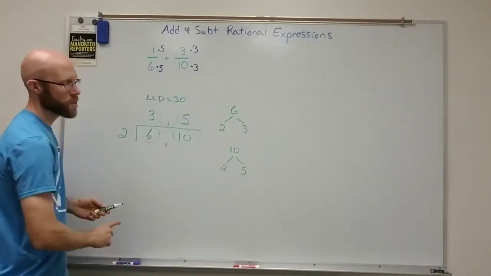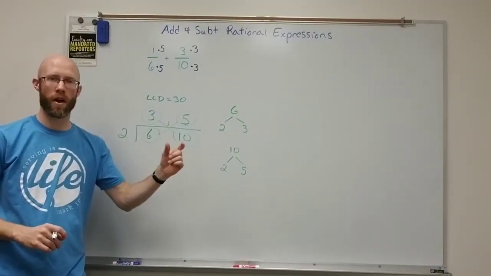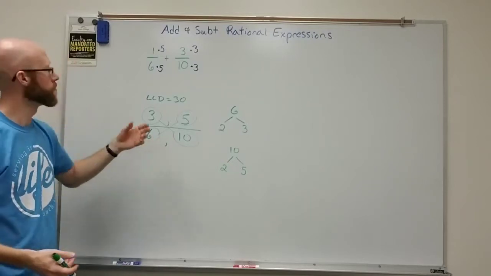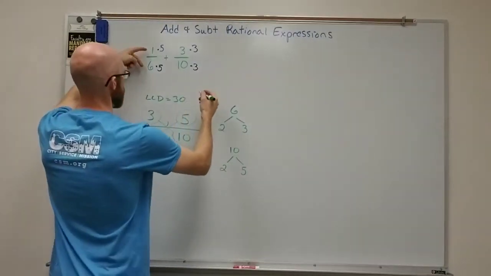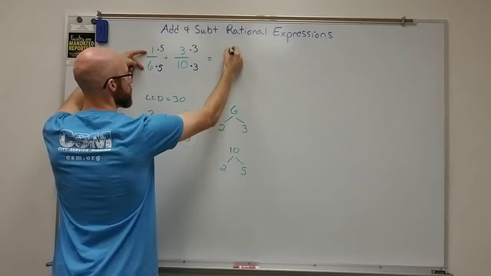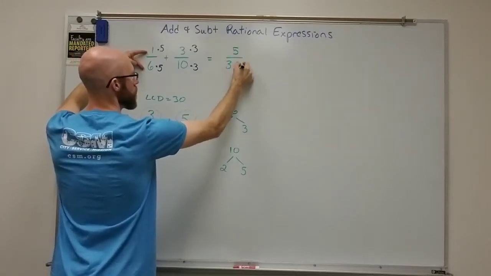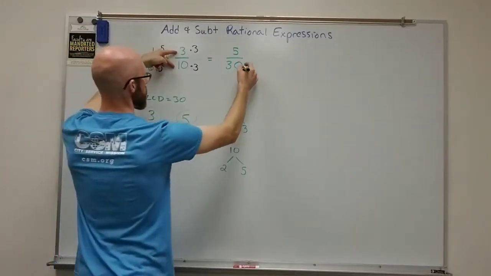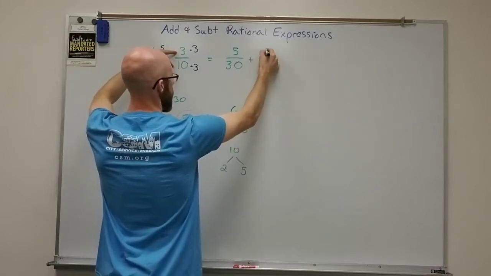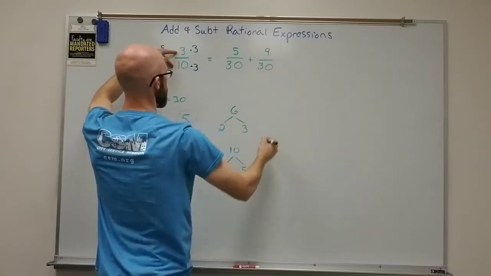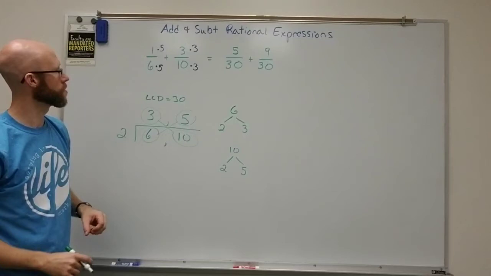When I do that, it doesn't change the value of either fraction, just what it looks like. Okay, so 1 over 6 becomes 5 over 30, and 3 over 10 becomes 9 over 30.